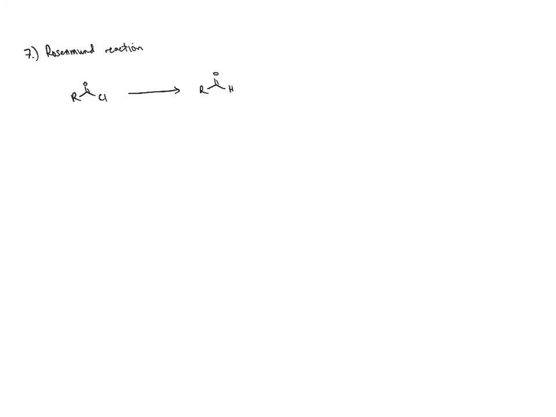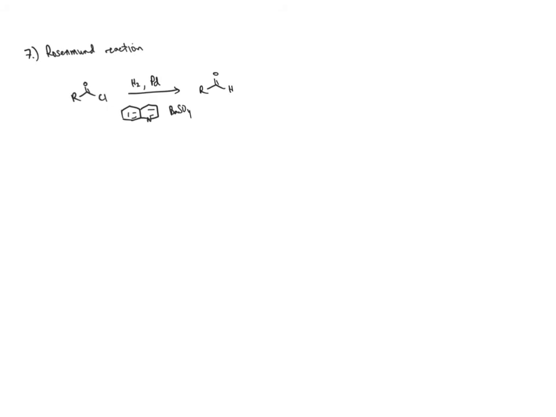The reagents for this are hydrogen and palladium on barium sulfate with quinoline. Very similar to Lindlar's catalyst, except you don't have any lead acetate. So hydrogen and palladium on barium sulfate with quinoline gives you the aldehyde.